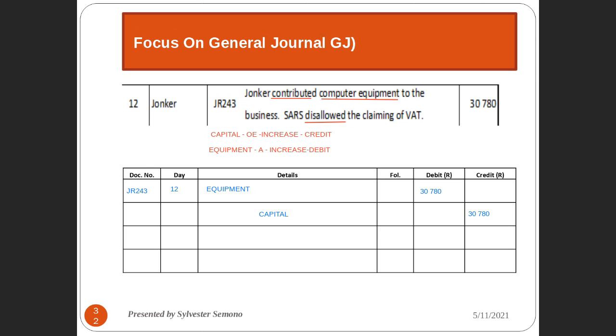So if they're asking you for the folios here, because this is an asset, it will fall under balance sheet. It can be B1, B2, it's up to you. Even capital is an ownership, it falls under balance sheet, it's going to be B2. But in most cases, they don't want these folios. Are you following, ladies and gentlemen? Thank you so much.